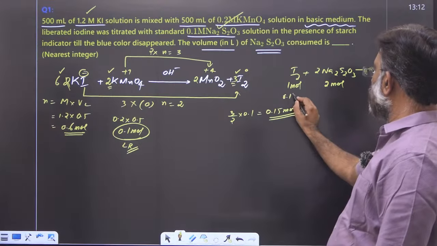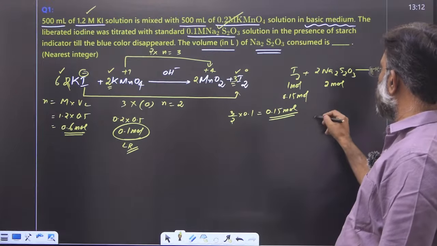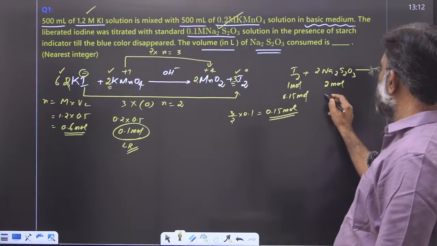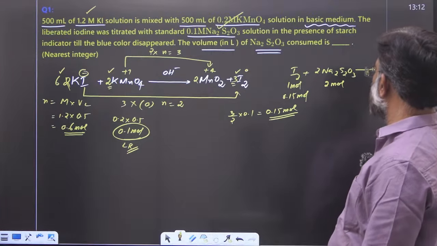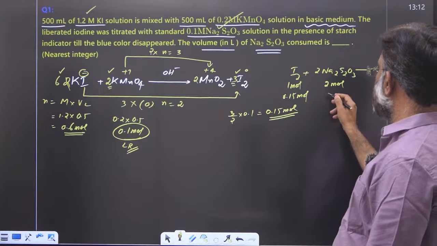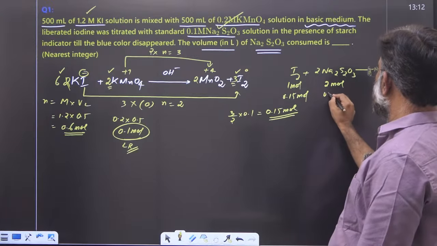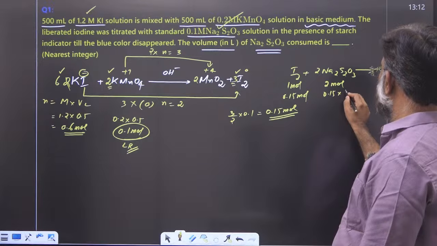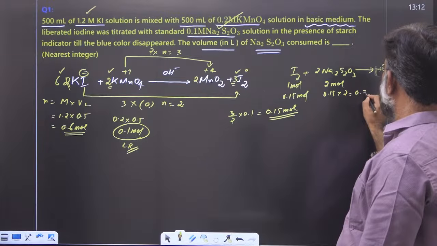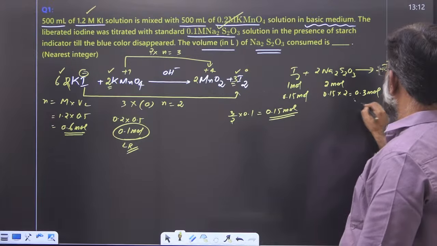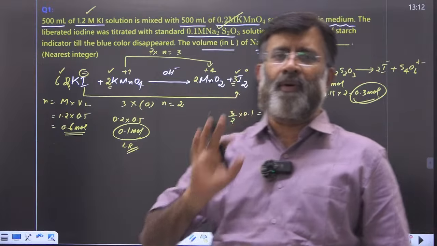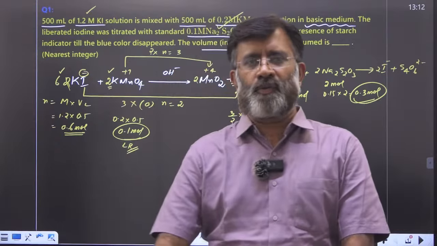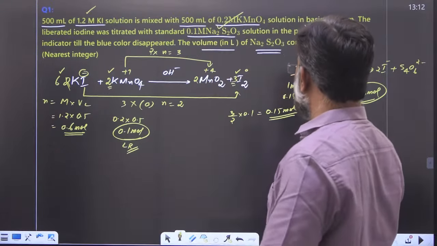Therefore, 0.15 mole iodine will react with 0.15 into 2, which is 0.3 mole. So we get 0.3 mole sodium thiosulfate. We need to find its volume.